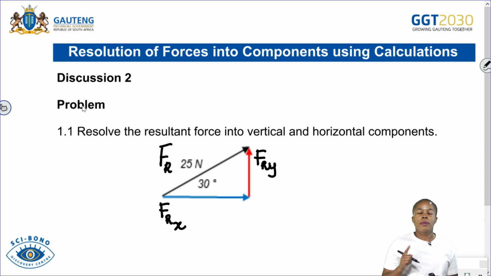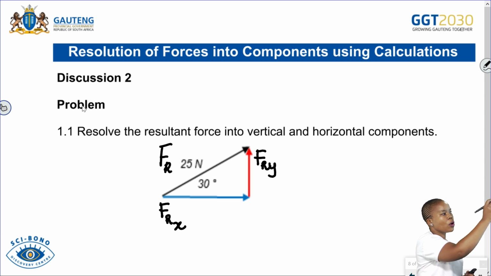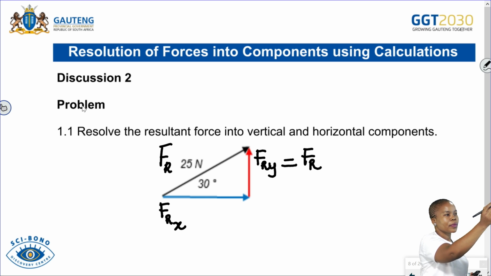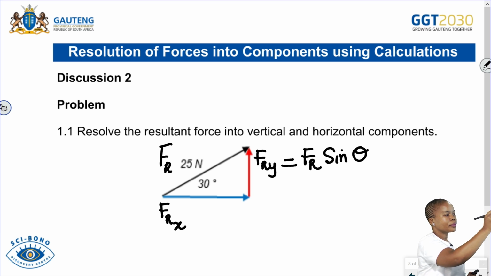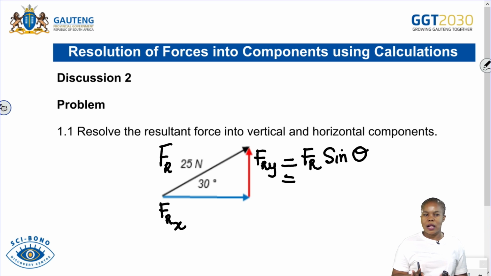Now remember what we have said, that if we want to find the vertical component, the one on the y side, we use sine theta. So for finding Fry, it is equal to the original force, which is your Fr, times sine of theta. What is the original force?